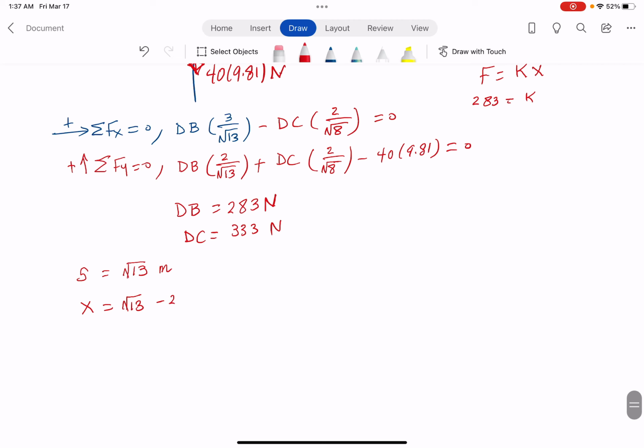That's 2. So let's find this. Square root of 13 minus 2 is 1.61.